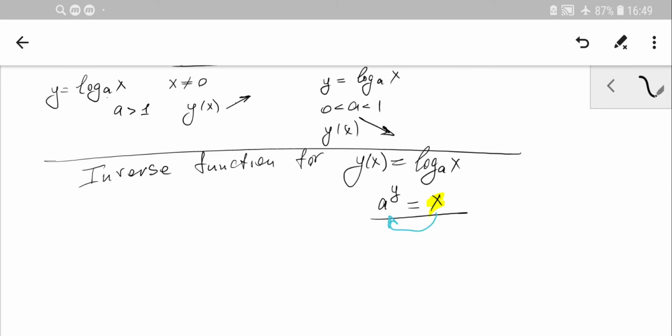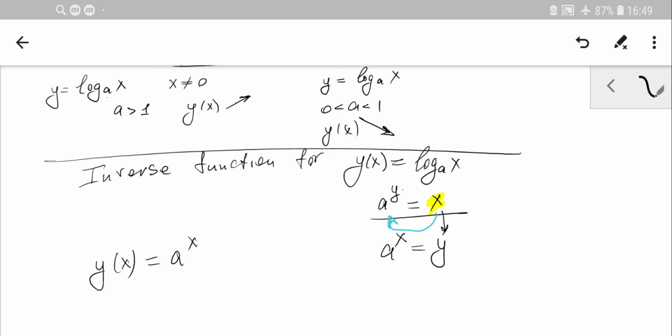So instead of x, you set up y, and instead of y, you set up x, in order to have a normal dependency y from x. So the inverse function y from x simply becomes an exponent, a to the power x.